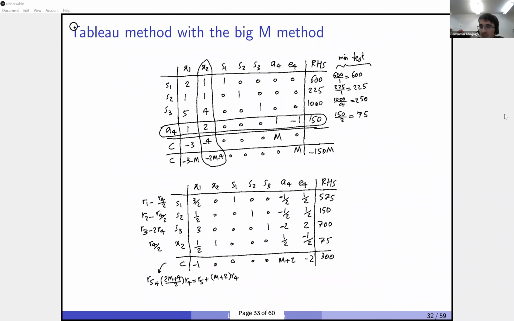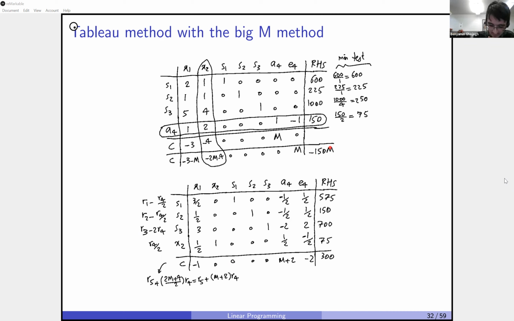Now, if there is any question, please ask me. Okay, you should understand the procedure. Now, again, as before, let's choose in the row the most negative value. What is the most negative value? Here, consider M as a big number. Do you think minus 3 minus M is most negative, or minus 2M minus 4, or M, or minus 150M?